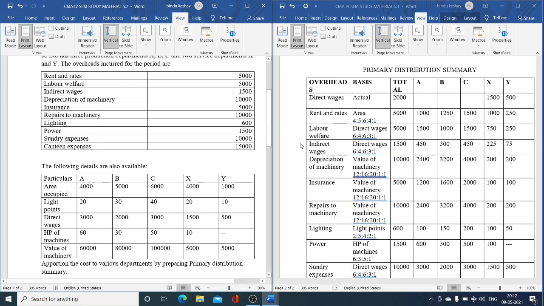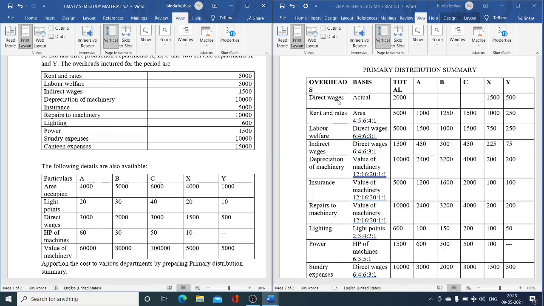So what we are going to do now is prepare a primary distribution summary. The columns: overheads, basis of apportionment, total, A, B, C, these three production departments, and two service departments X and Y. To begin with, we start with the direct wages, because even though it's direct wages, for the service department these are overheads.